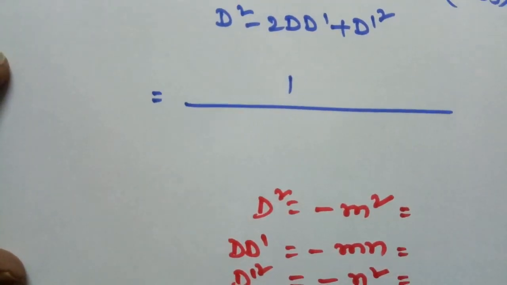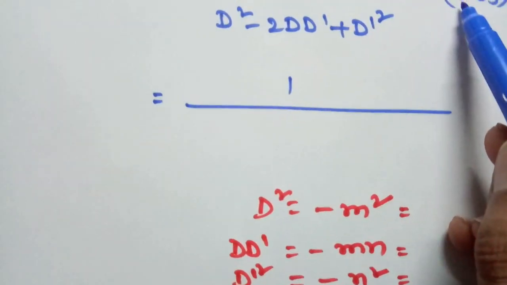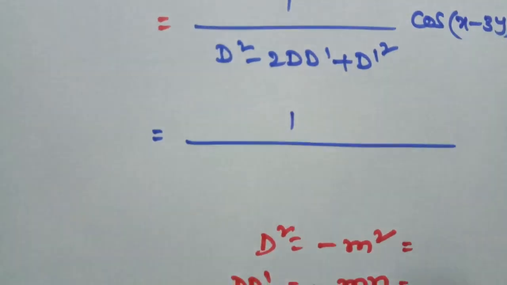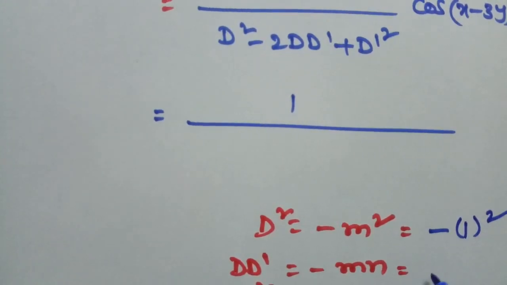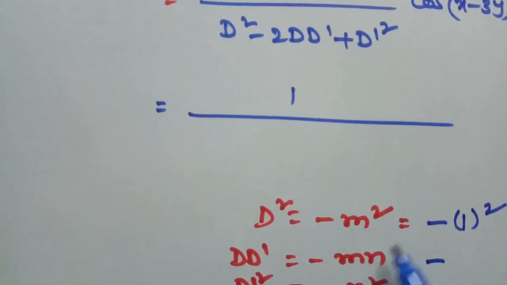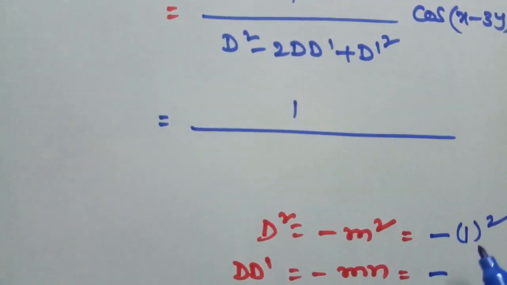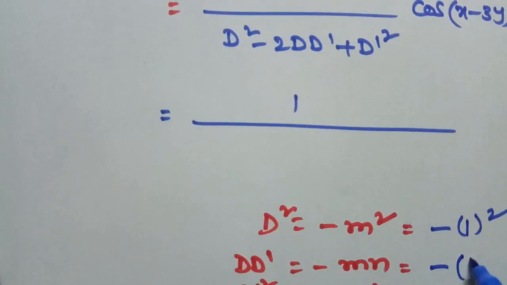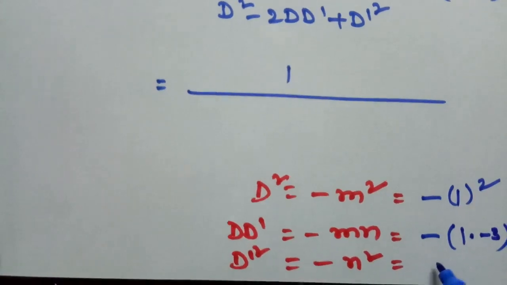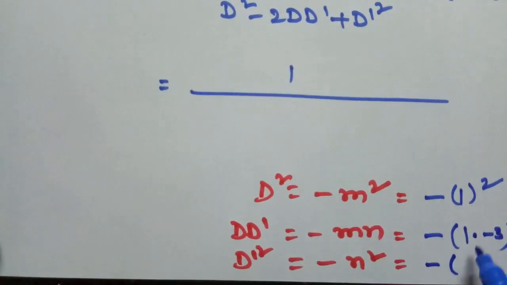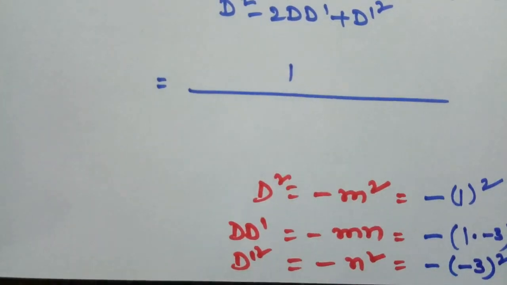This is equal to, now m, coefficient of x, that is 1, minus 1 square, is equal to minus m into n. m value is 1, n value is minus 3, 1 into minus 3. n is minus 3 square.